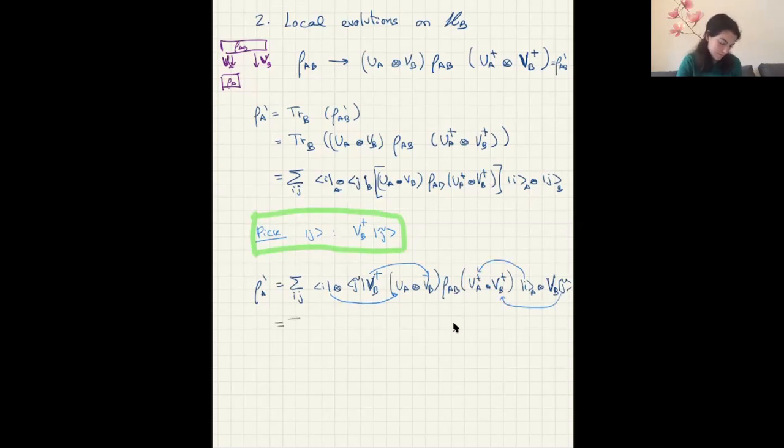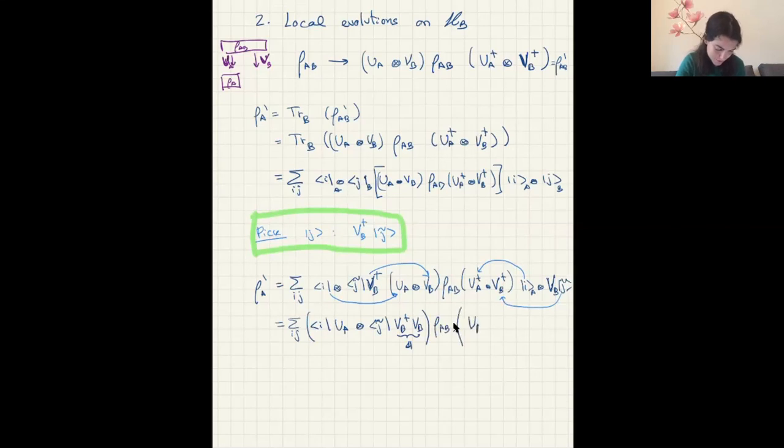So we get the sum over I and J of what? I, UA, times J tilde, and now this VB dagger VB. This is just the identity, right? They cancel out. Rho B, and on the other side it's going to be the same.